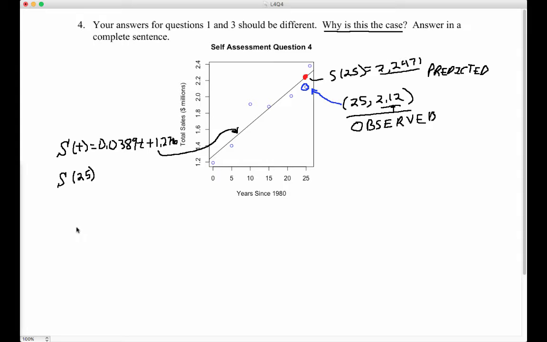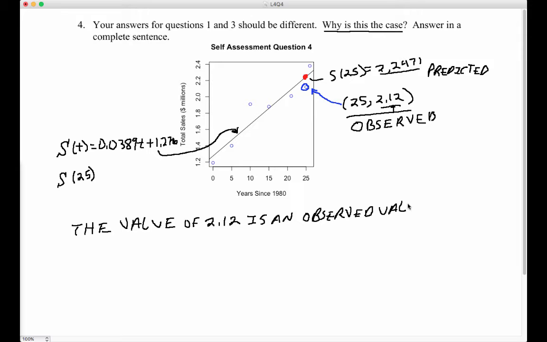It is because the value of 2.12 is an observed value, and the value of, well, let's go with the 2.25, which is what we gave as our answer, is a predicted value.